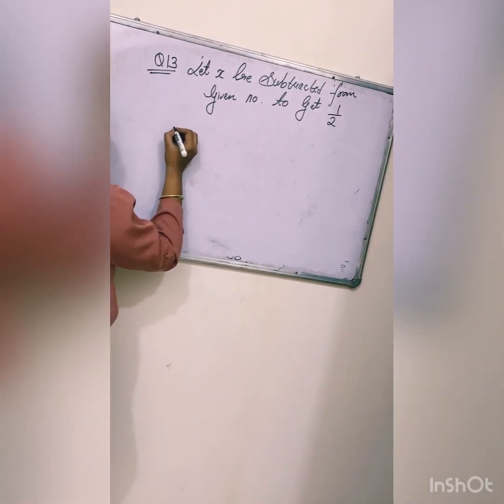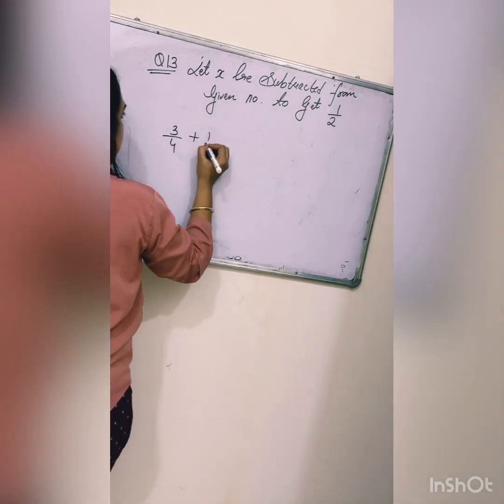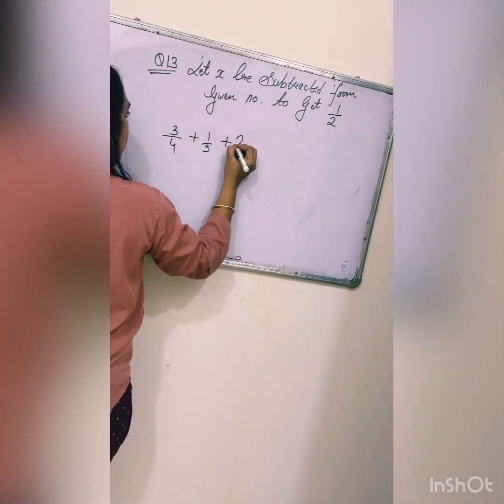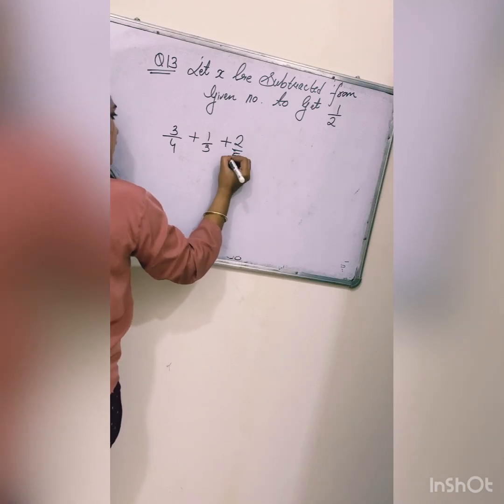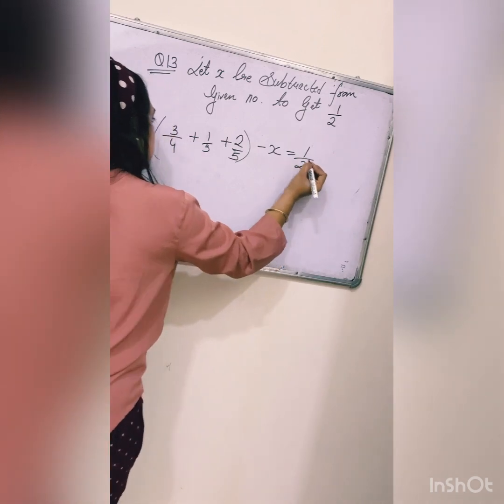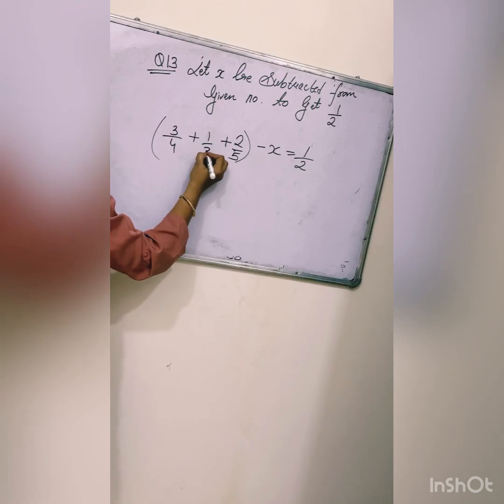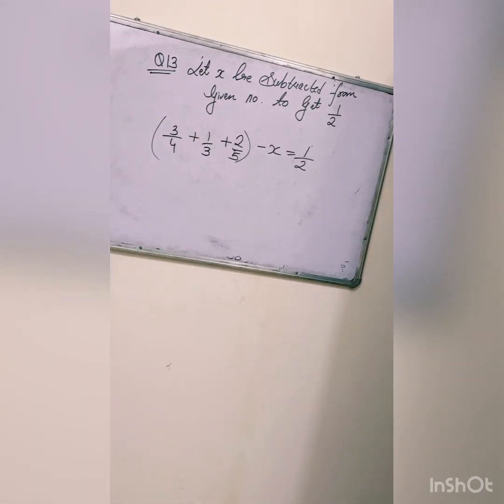So which means 3/4 plus 1/3 plus 2/5. From this I will subtract x, my answer will come 1/2. This is what the question means, that I am subtracting x from this so that I get the answer 1/2.